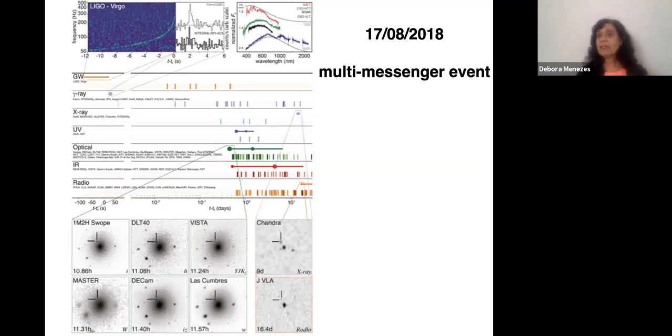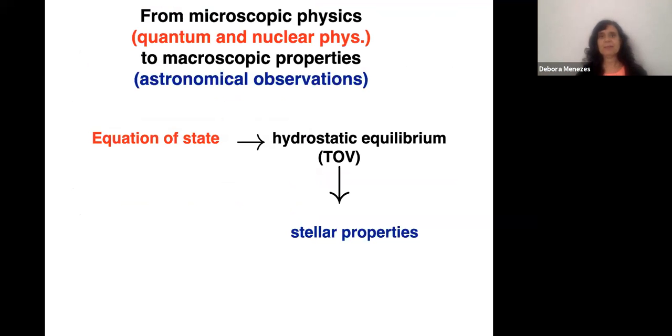So this was the beginning of the era of multi-messenger astronomy. You see all those telescopes could also see the same extraordinary event. That was very nice because this event was localized, and so not only detected, but they could point out exactly where it had taken place.